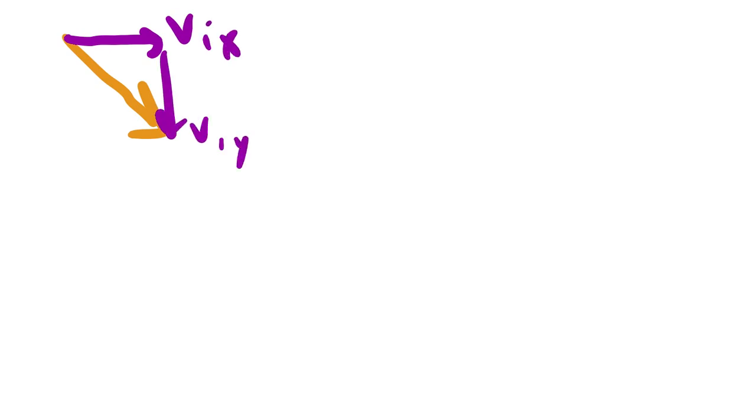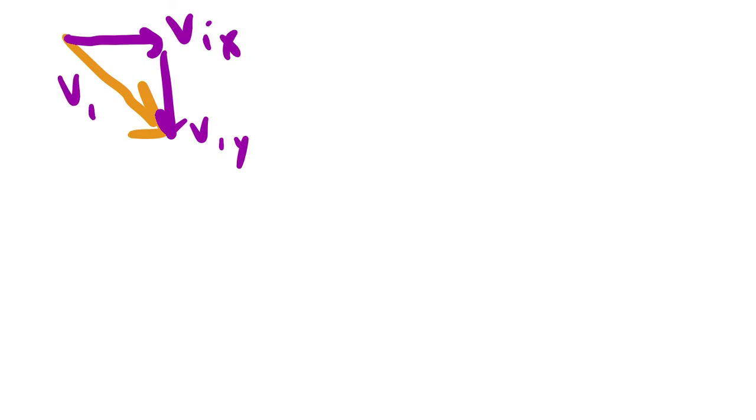Now we want to find the speed v1 that it hits the ground. We're going to do it by finding the two components, which I'm going to call v1x and v1y, because this thing is v1.